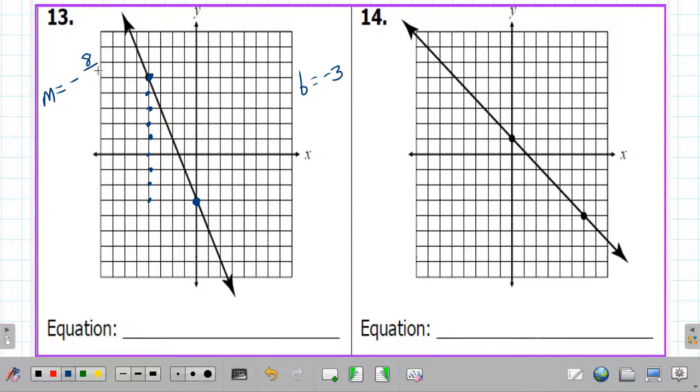So I had to count down a lot there, and then I'm going to go over 1, 2, 3, 4. Just as another one where we can simplify, negative 8 divided by 4 is just the number 2, so negative 8/4 is negative 2. So my equation is going to be y is equal to negative 2x, in this case minus 3.